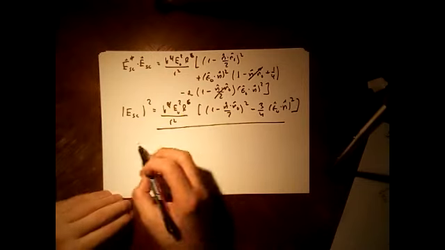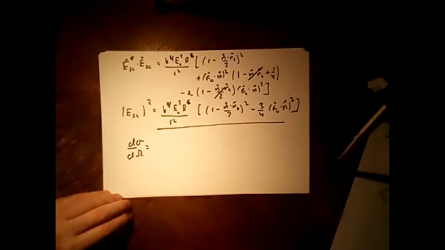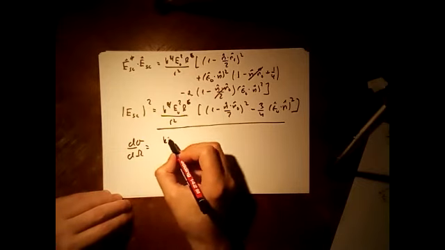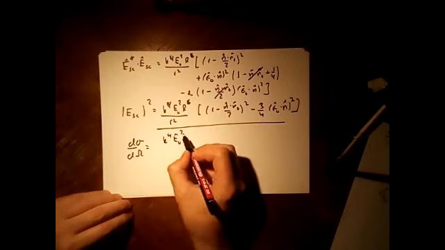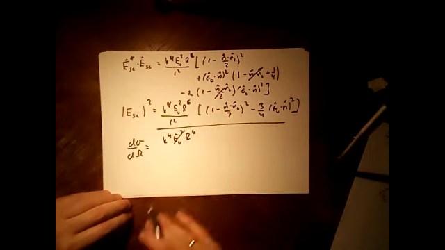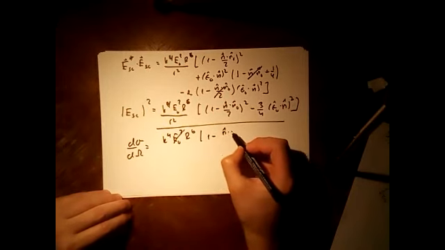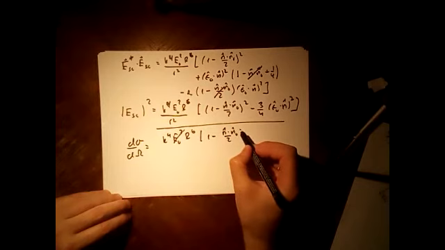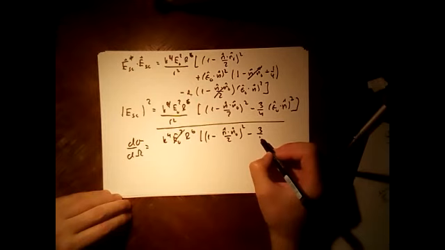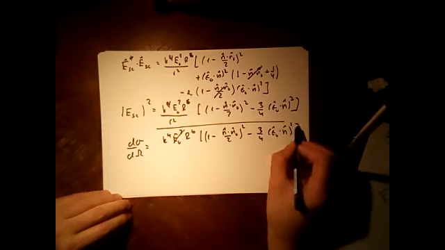Now I'm going to write a provisory differential scattering cross-section as k to the 4th over r squared times ((1 minus n dot n0)/2) squared minus 3/4 (epsilon 0 dot n) squared.